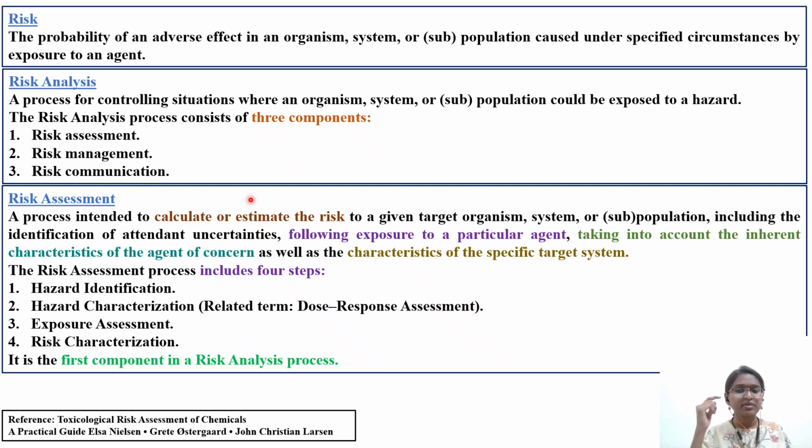As I told you, for example, in the case of the Bhopal gas tragedy, if methyl isocyanate was leaked, how much amount was leaked? When the burst took place, how much amount was there? How much is still in the container and still about to leak? So you have to calculate and estimate the risk to a given target organism, not only physical hazard.